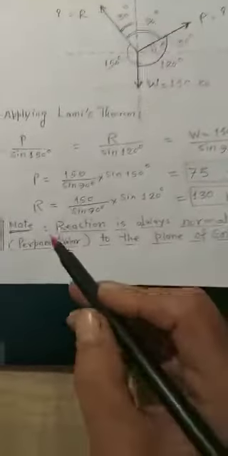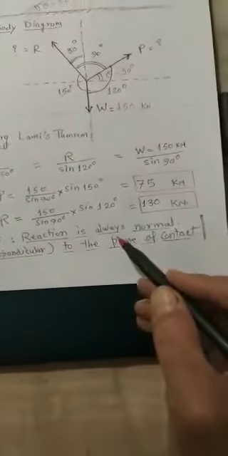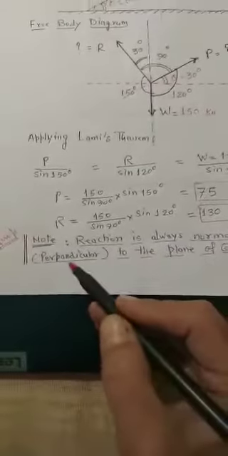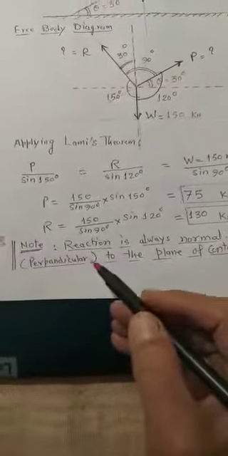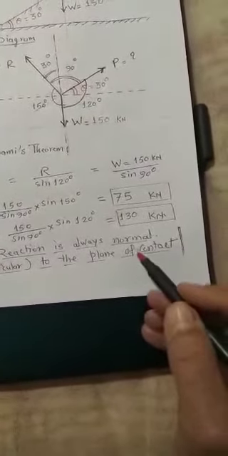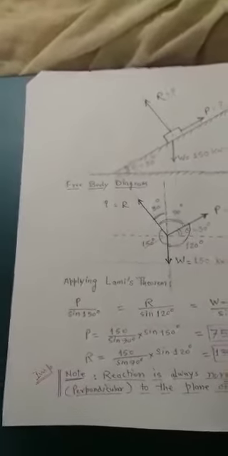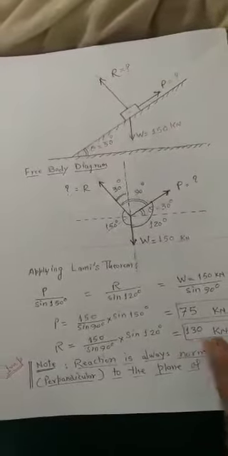I will again go to the last part over here. That is the important note. The reaction is always normal, that is, in brackets I can say perpendicular to the plane of contact. So from here onwards, when we come across such a type of problem where the body is in contact with any surface, we have to see at which angle the body is making contact with that surface.